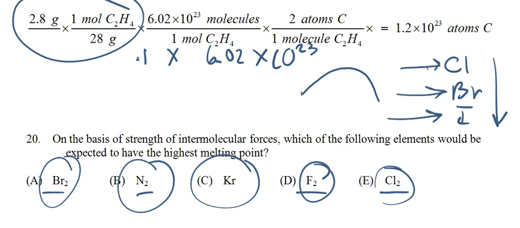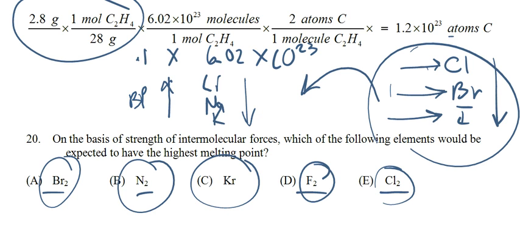However, on the other side of the periodic table, as we go down the chart, say from lithium to sodium to potassium to rubidium on down, as we get more massive, the boiling point actually goes down. So when we look at boiling point or melting point, it's a reverse since we're flipping it to the other side. But on the non-metal side, we definitely want to look for the most massive one, and I believe it would be A.